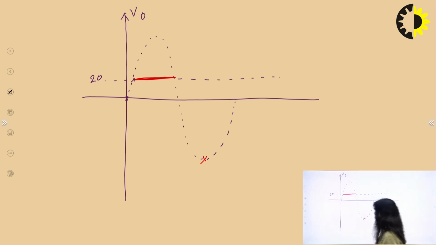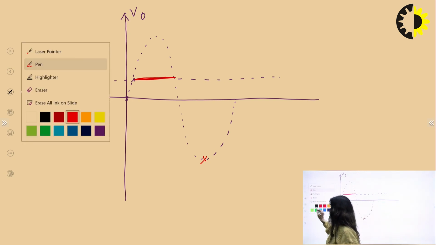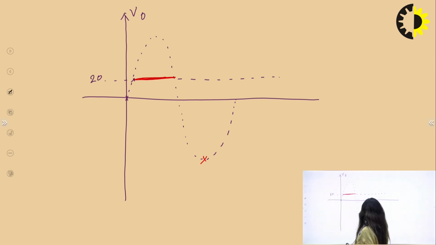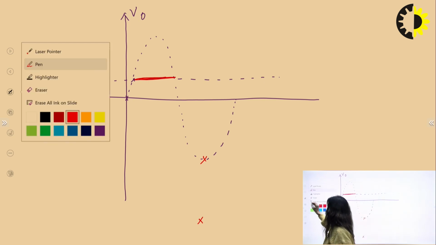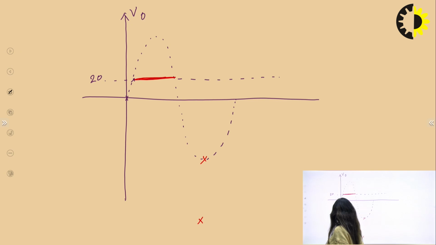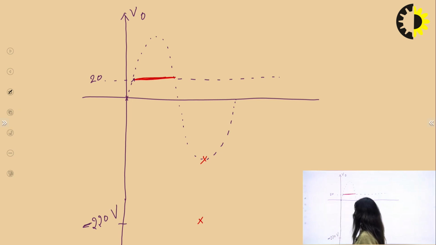So we will find the point minus 220. Let's say it is here. Minus 220 volts. Now we will make our graph. This point has reached here, and now it will go like this.